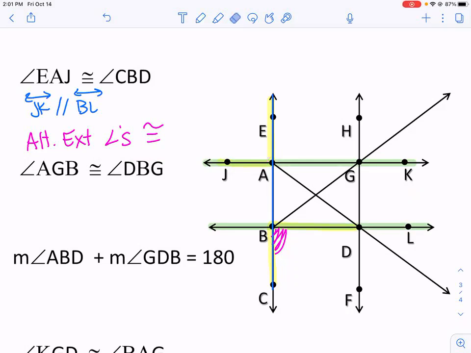Now, let's talk about angle AGB being congruent to angle DBG. I read that wrong. AGB is congruent to DBG. This right here.